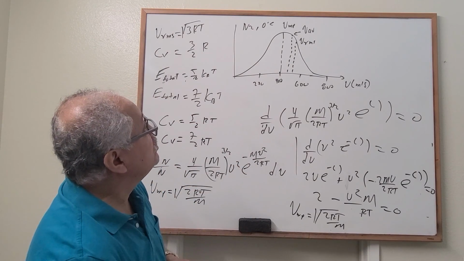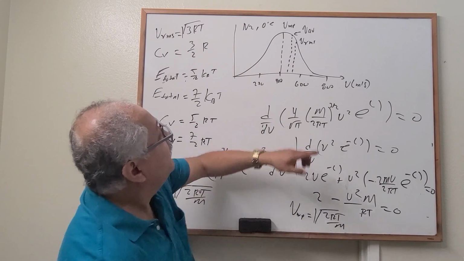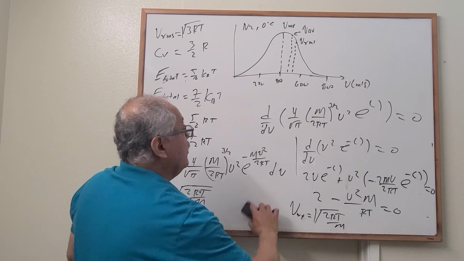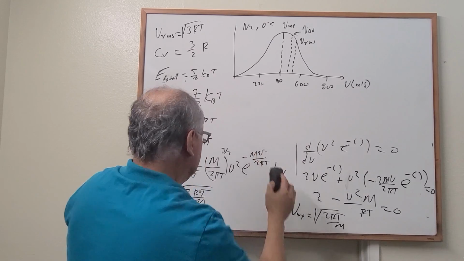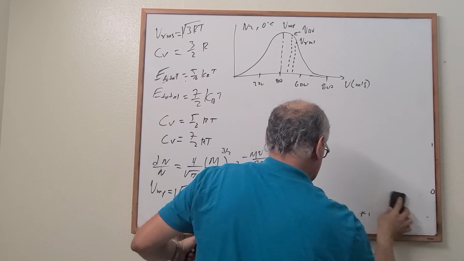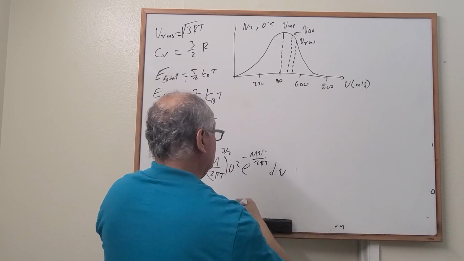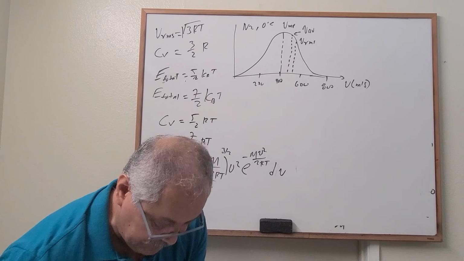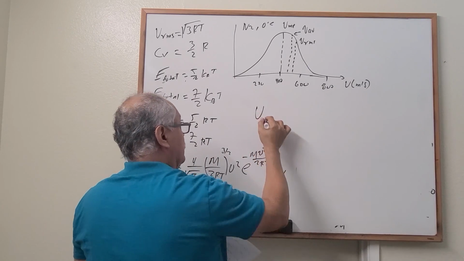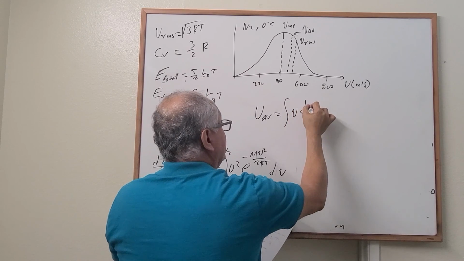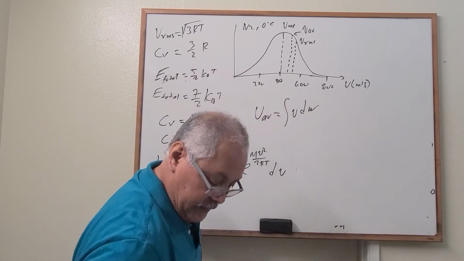Now let's go to the average. The average velocity, using this complicated formula, is found in this way. The average velocity is equal to the integral of v dn over n.